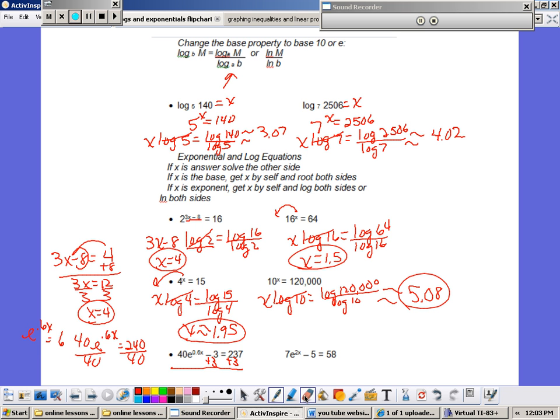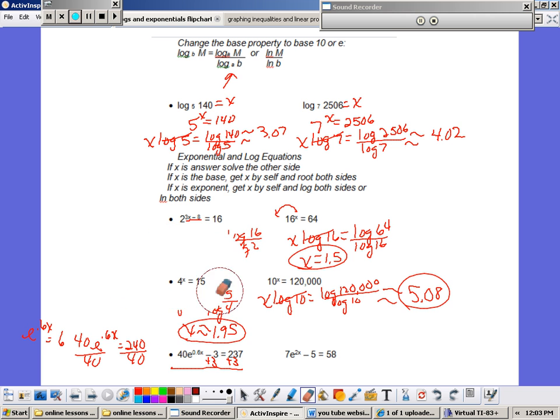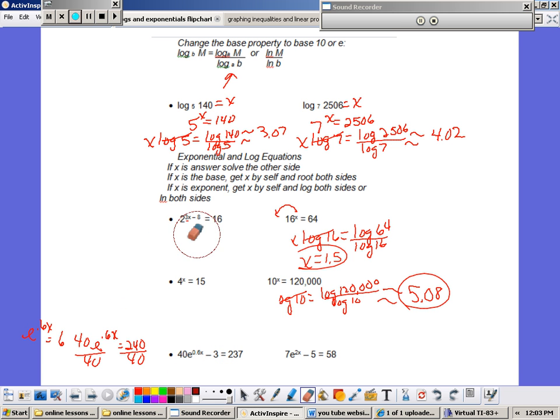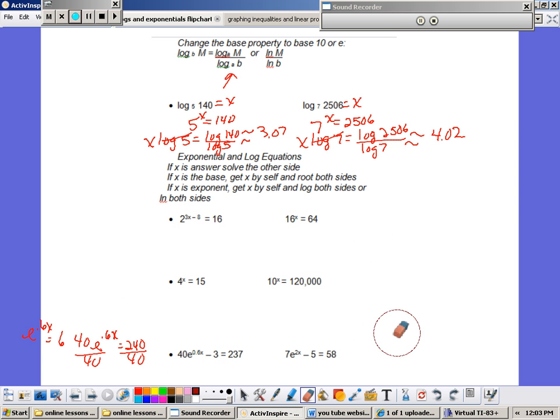Now what? Well, remember, e's opposite is ln. So if I want to get rid of an e, I have to ln both sides instead of logging both sides. So I'm going to do the ln of e to the 0.6x and the ln of 6. This cancels out and I get 0.6x equals the ln of 6.